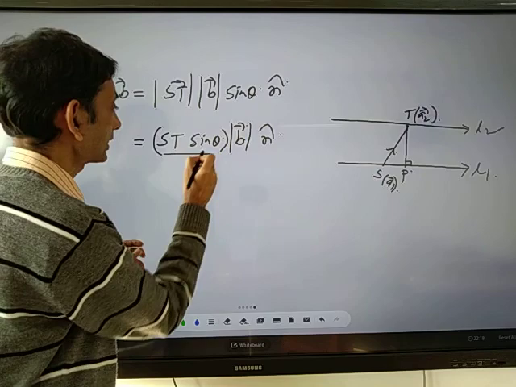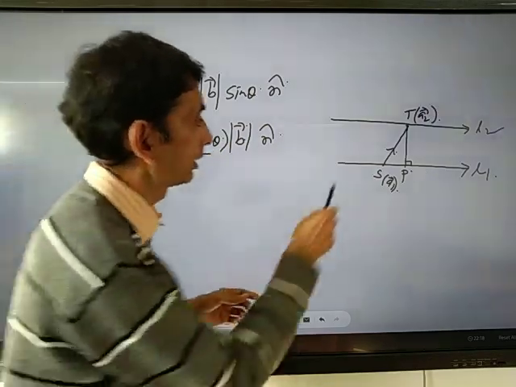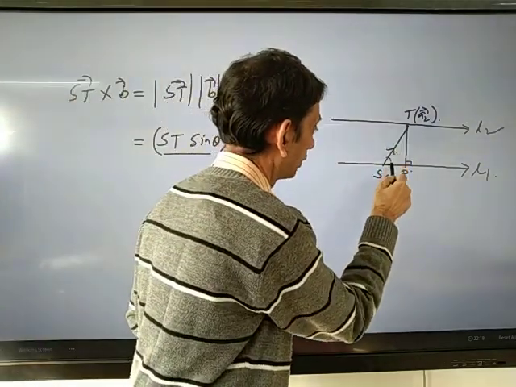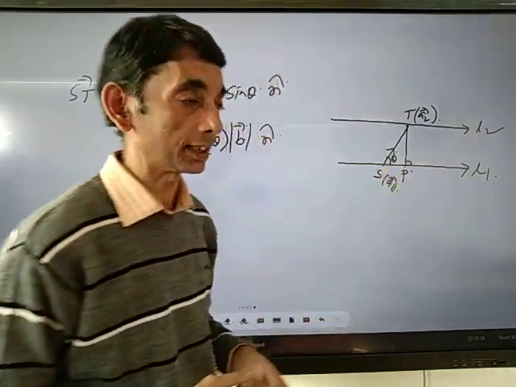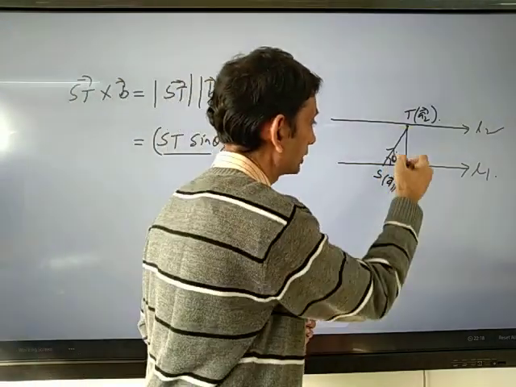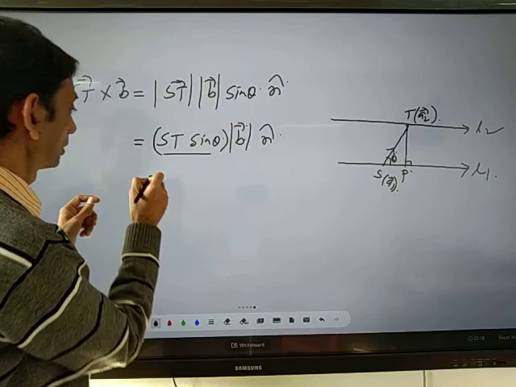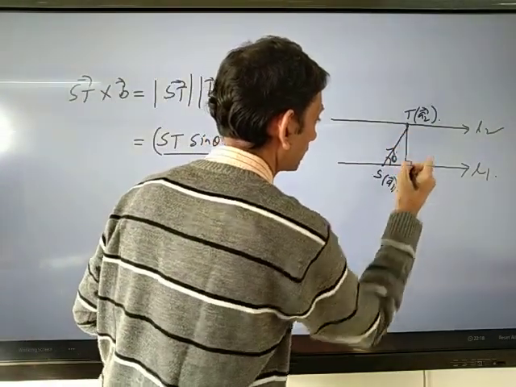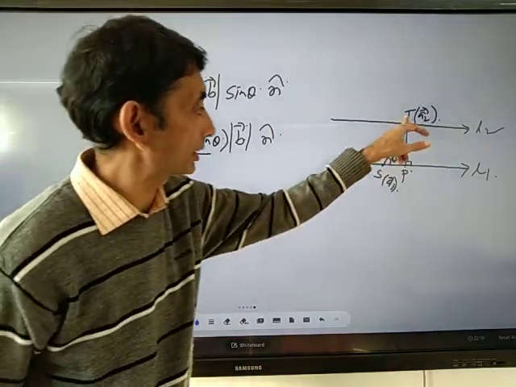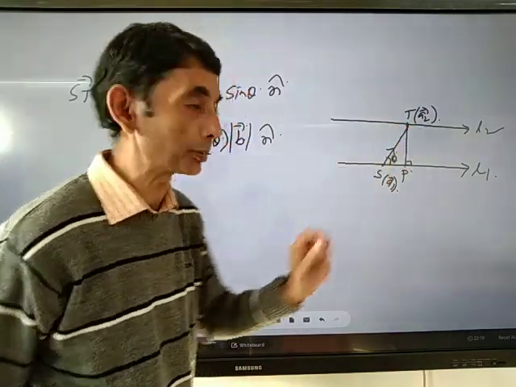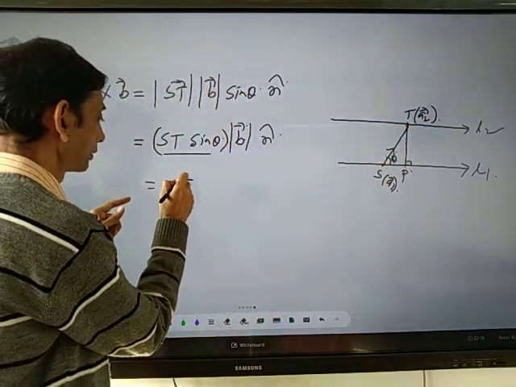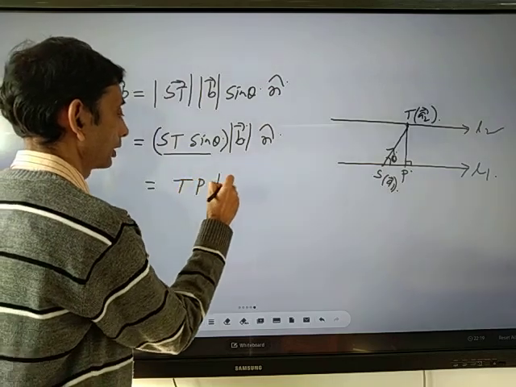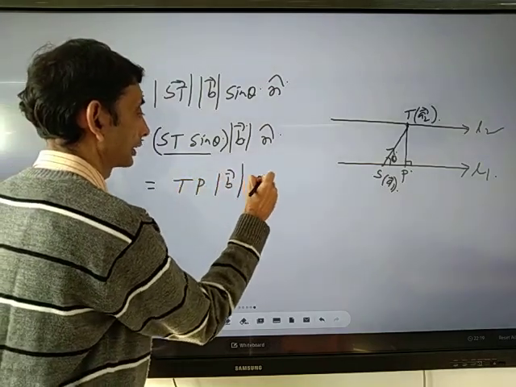Now what is ST sin theta? ST sin theta will give us TP, from this figure, that is STP. ST sin theta gives us the perpendicular distance, that is TP. So we can write TP. This is d, and this is n cap.